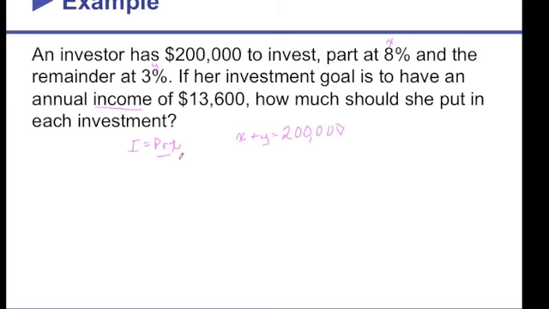And then using this, where T is 1, the interest from the first investment would be that X amount times 8%, which we changed to 0.08, X plus the Y interest would be 0.03 times Y. We want that to equal our $13,600.